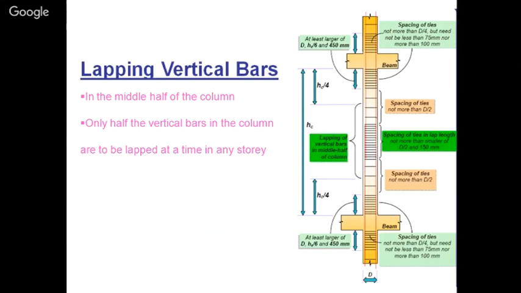This is the height at which we are supposed to keep the tie spacing very less, and we are not allowing the lapping of our longitudinal reinforcement in these zones. Again, the same as it is for horizontal structural elements. Lapping vertical bars in the middle half of the column is allowed because shear force is 0, as we see.